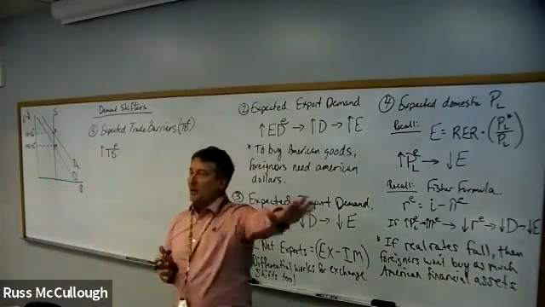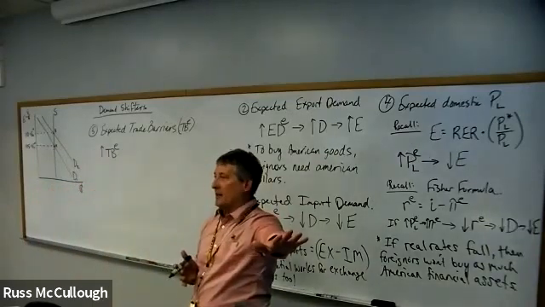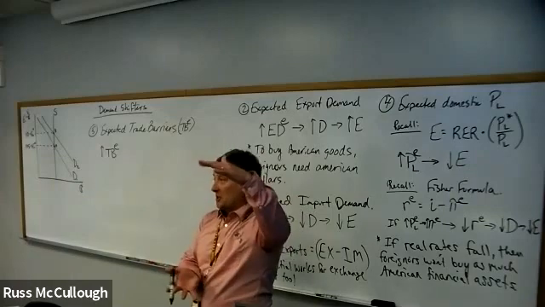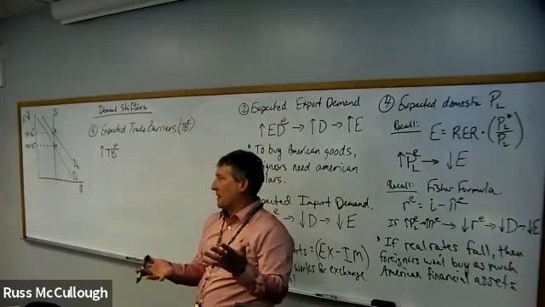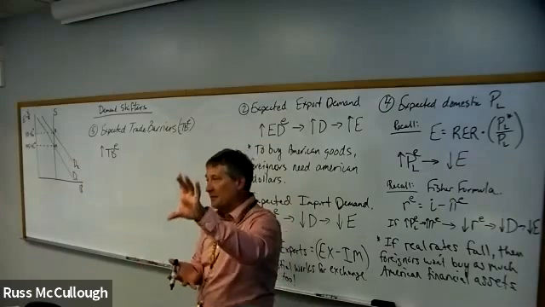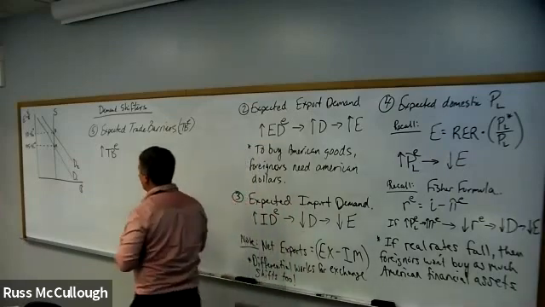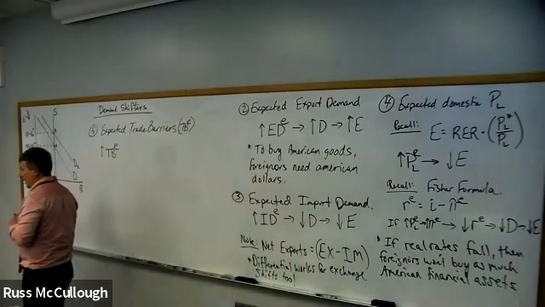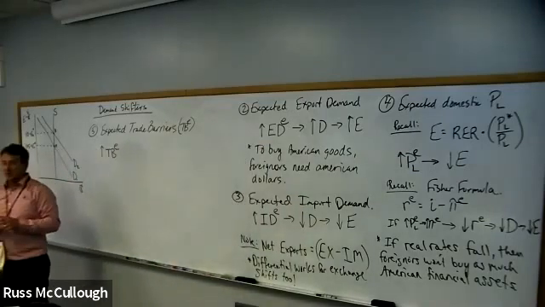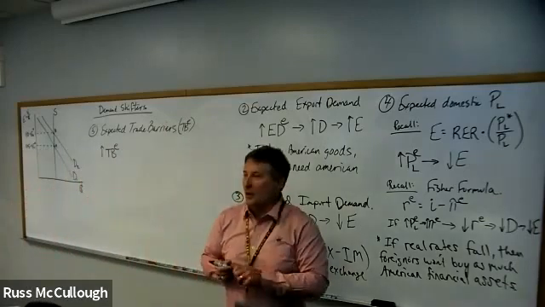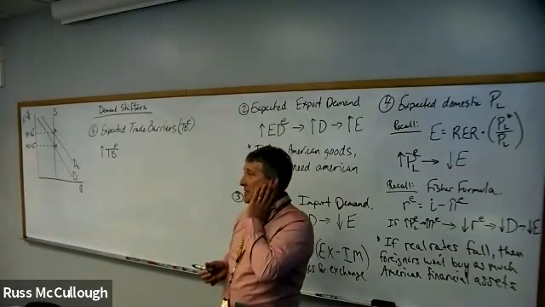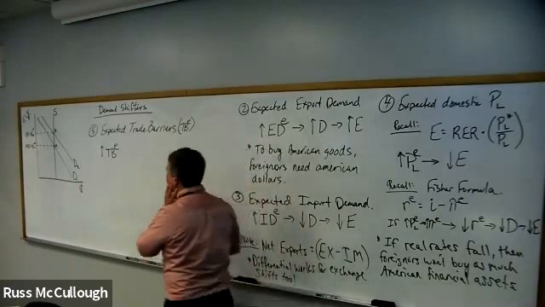If big old America puts on a tariff, we're the large country, we're a big buyer. You can think of it like we represent a lot of the international trade, then that's going to disrupt part of the exchange rate system. And part of that tariff can be passed along to other countries in the large country case. So if it makes it more expensive, they're not going to want to buy our goods.